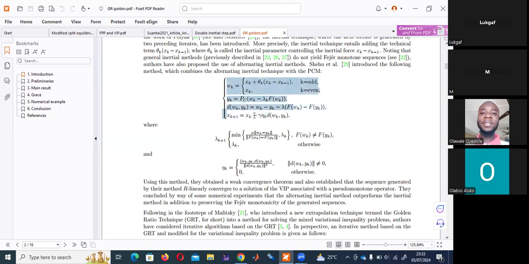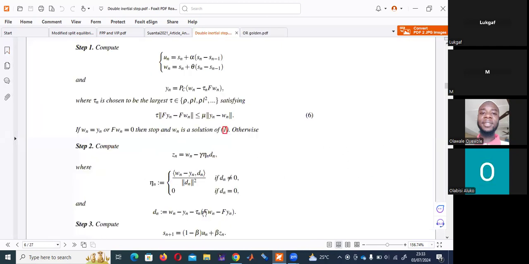This is projection contraction, and the two steps are this guy and this guy.